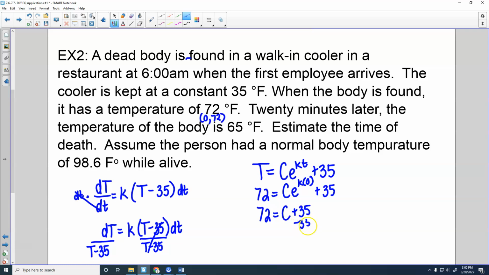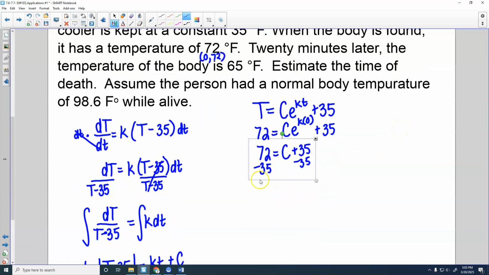Subtract the 35 and that gives you 37. So now our equation is T equals 37 e to the kt plus 35.